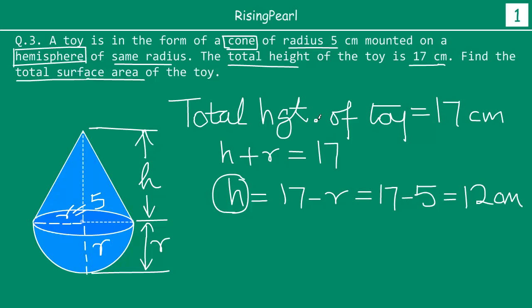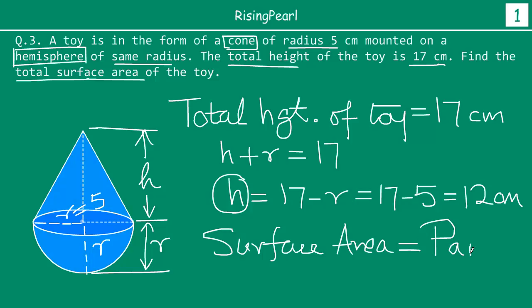Now what is important to understand is: what is the total surface area of the toy? I would like to make sure you understand this very clearly. Whenever you think about surface area, think about the area that you need to apply paint on.